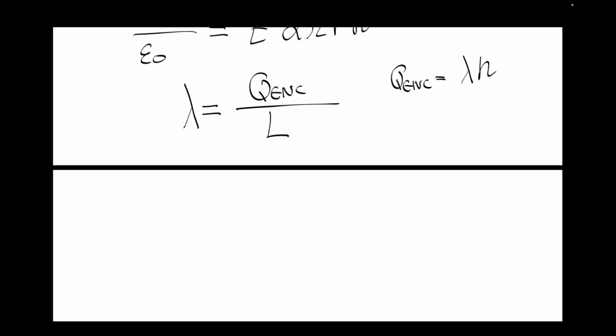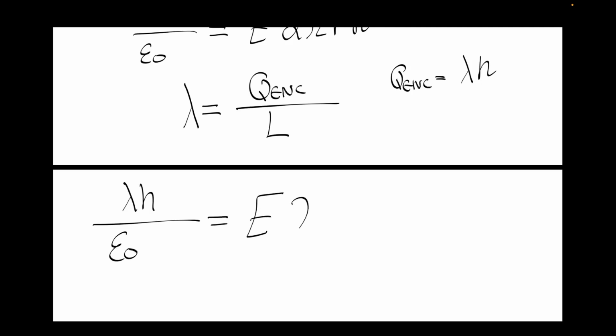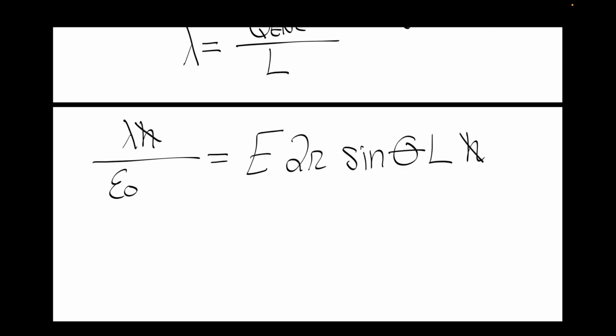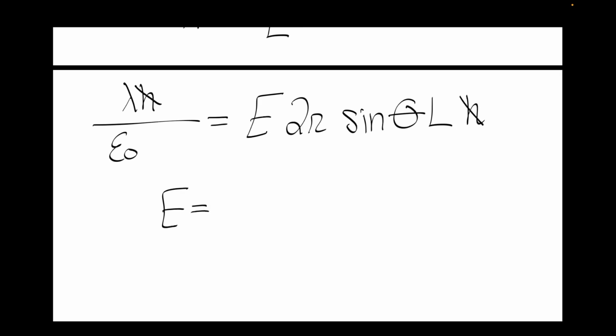Let's plug it in. Lambda H divided by epsilon naught equals E 2 pi, and R is the sine of theta L, and we also have that H. There's an H on each side, so they're going to go away, and we're going to solve for E. E equals lambda divided by epsilon naught 2 pi sine of theta L. Awesome.